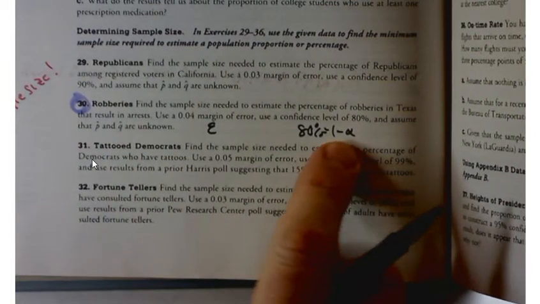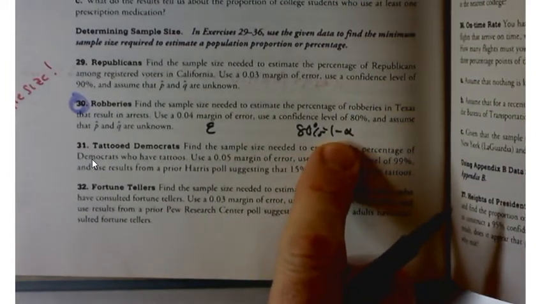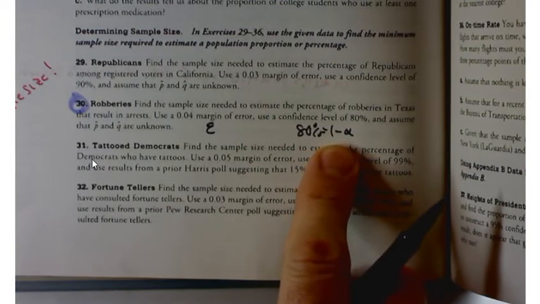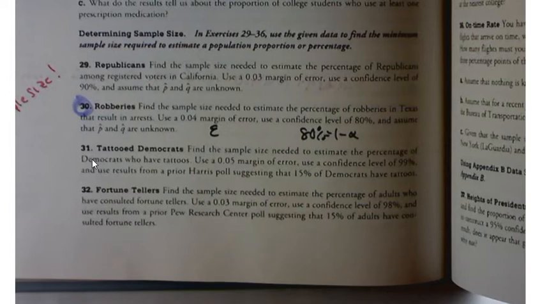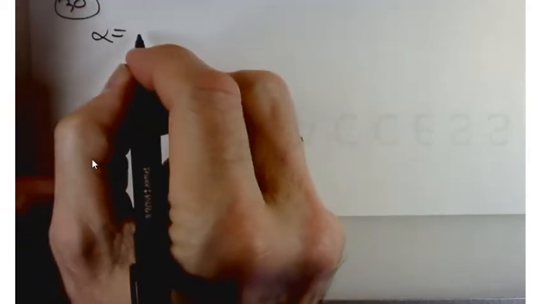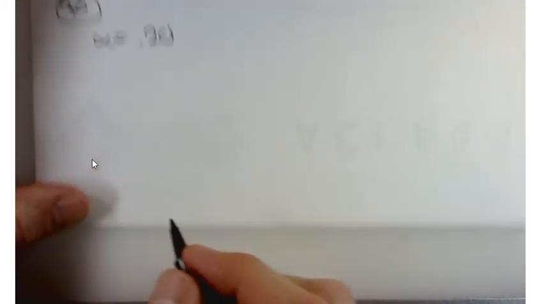That means alpha is going to be 20%. That's a really, really big alpha. Alpha is typically 10% or even better yet 5% or less. So it's a really, really big alpha. So alpha in problem number 30 is 0.20.